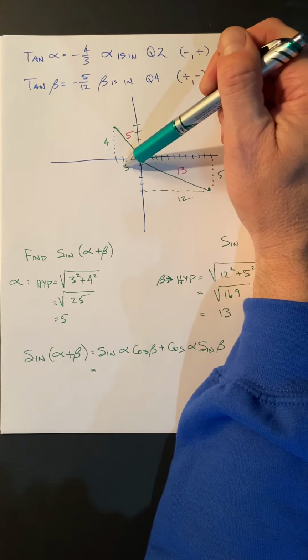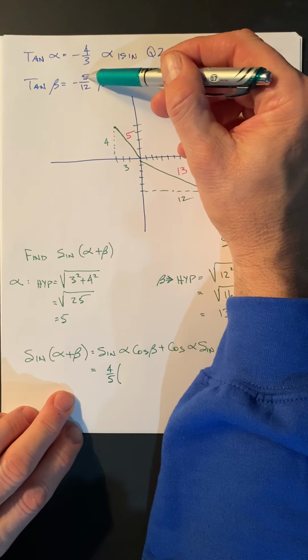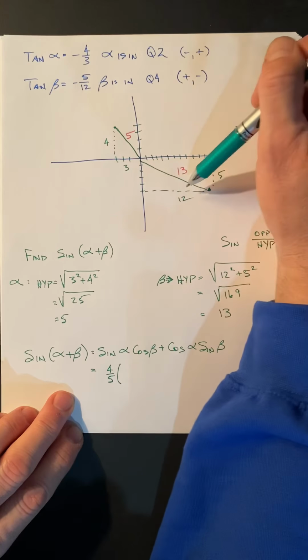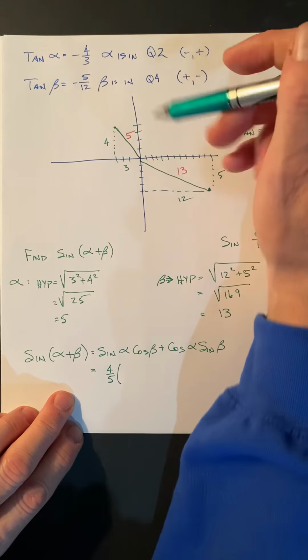So the sine of alpha is the opposite over the hypotenuse, or 4/5, times the cosine of beta, okay? So when I'm looking here, sine over cosine, but notice my cosine is positive here. So the cosine is going to be 12 over 13, isn't it?